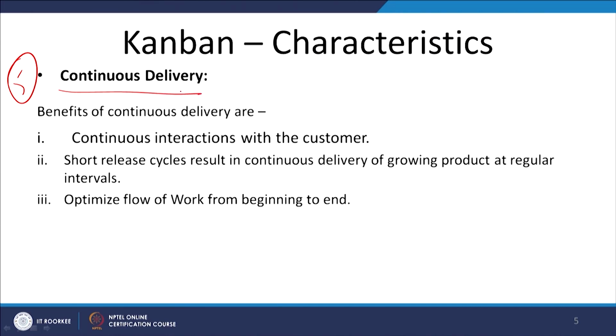So, we are against lot manufacturing, we are against batch manufacturing, we are against mass manufacturing. We are in favor of continuous manufacturing, that it may be a very low rate output, but it has to have some kind of continuity. So, continuous delivery is another important characteristic of the Kanban system.